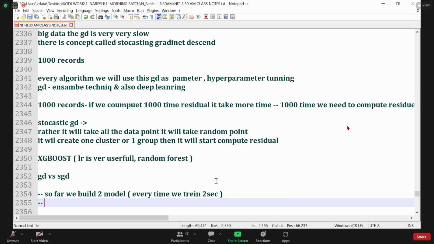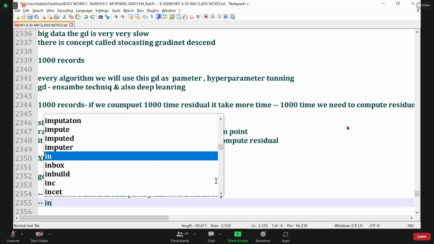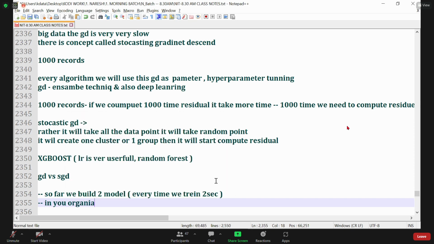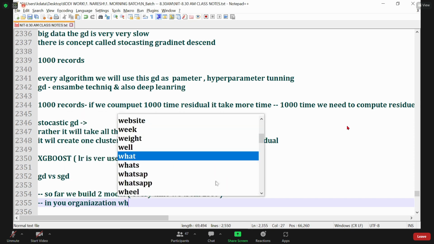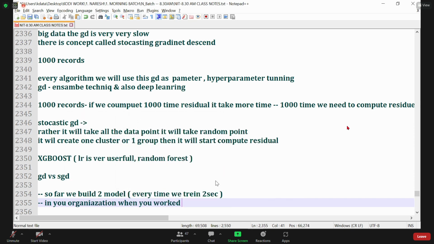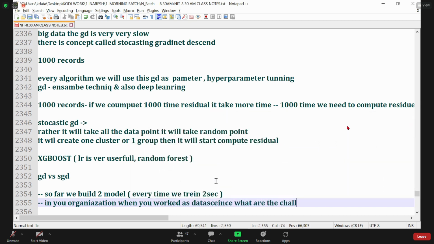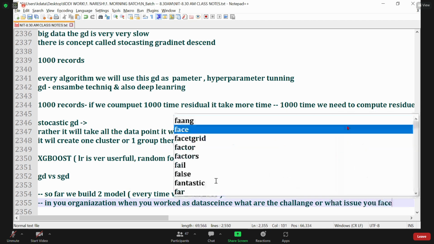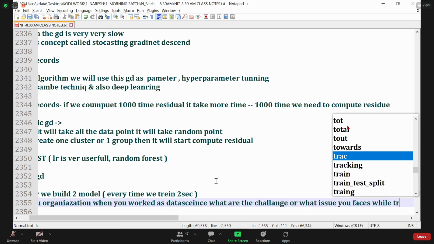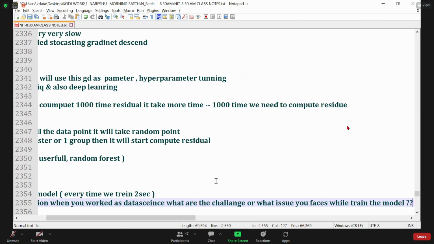So the interview question is: in your organization, when you worked as a data scientist, what challenges or issues did you face while training the model?